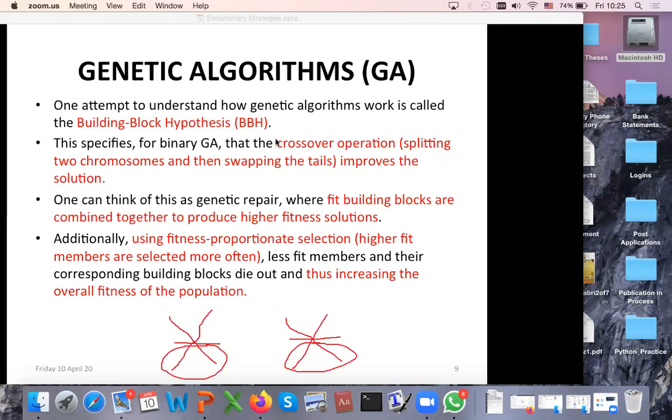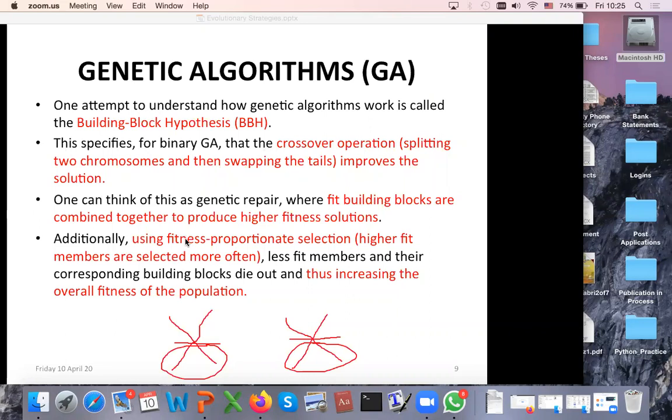I already explained the BBH. You can see that BBH here. So according to the BBH, we can select the strong or more fit building blocks through some fitness equation, or fitness measure, or fitness proportionate.